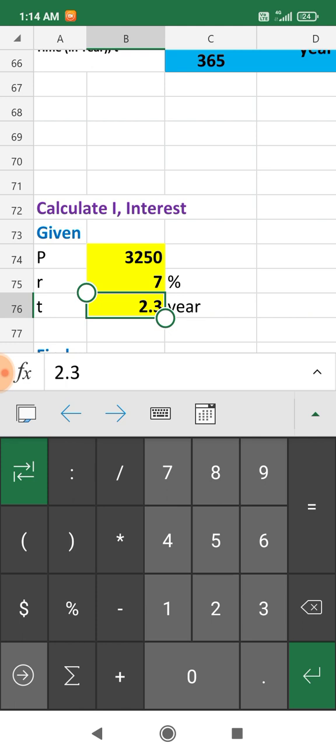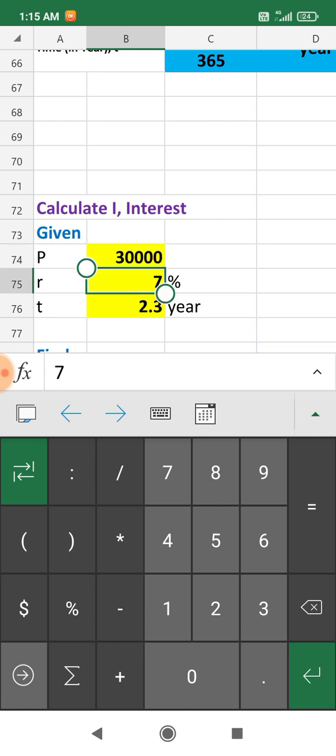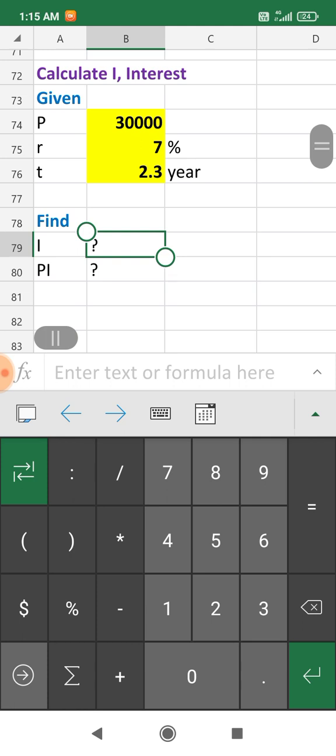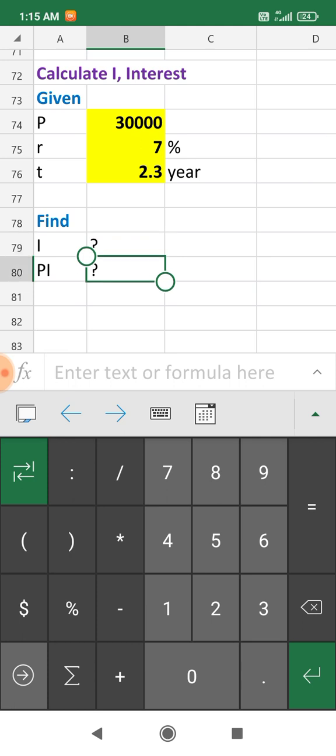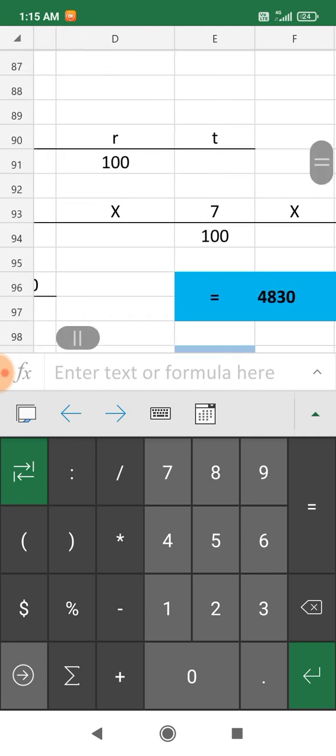As you have calculated. And what is the amount I have invested? Suppose I have invested 30,000. So how much do I get as interest and how much will I get as return? How to calculate this? Very simple. I equals PRT by 100.